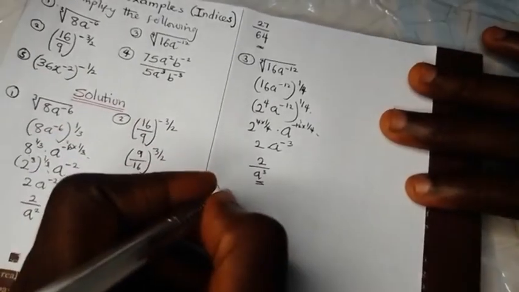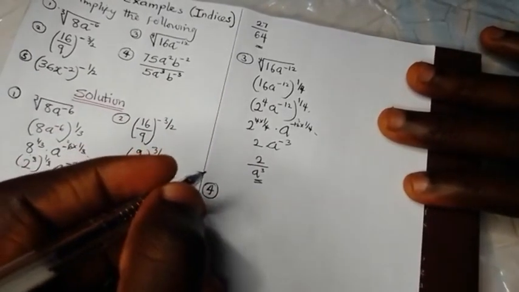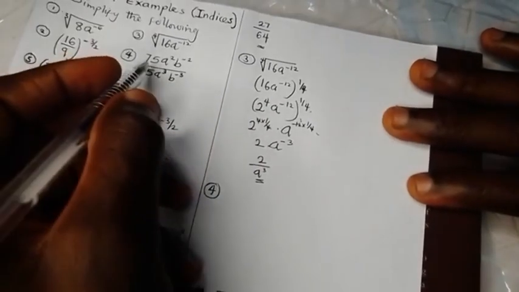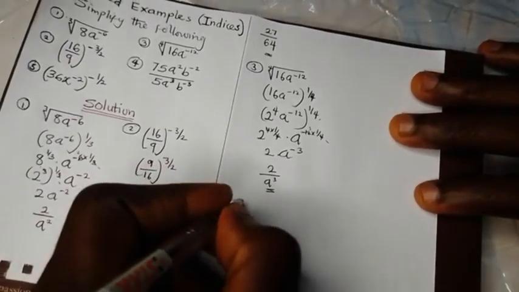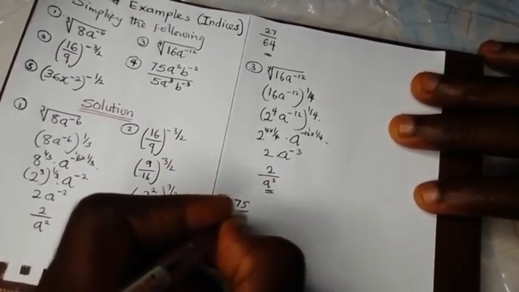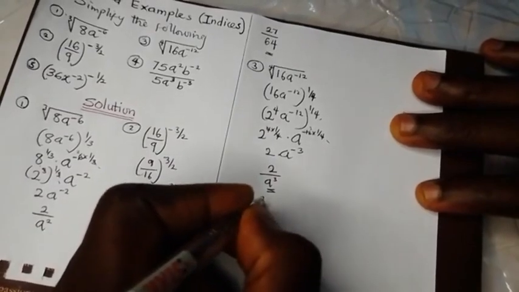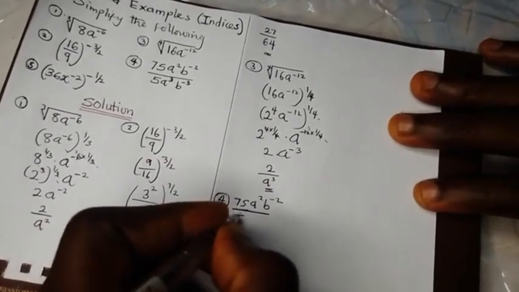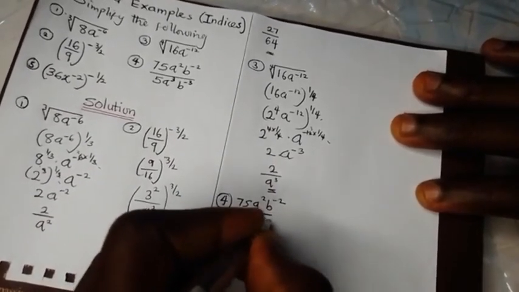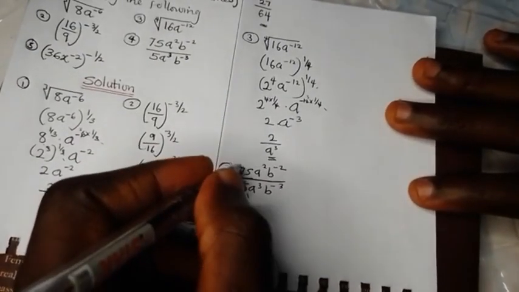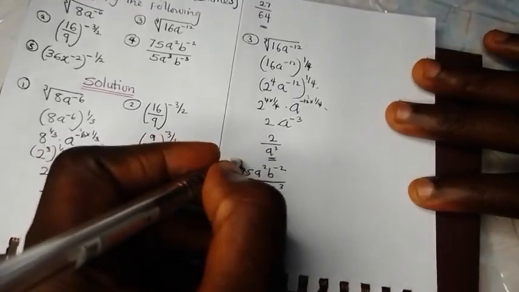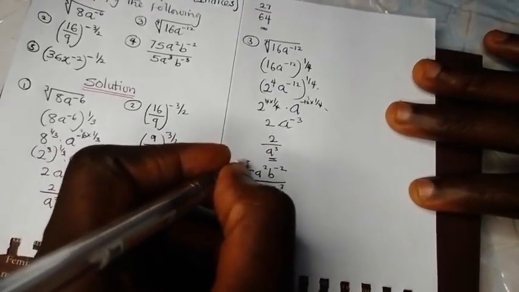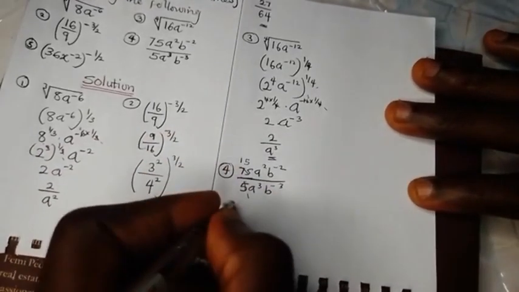Question number 4 looks large, but it's actually very easy. In question number 4, you have 75 multiplied by a raised to the power 2, b raised to the power minus 2, over 5, a raised to the power 3, b raised to the power minus 3. Observe that 5 can simply divide 75, and we have 15.